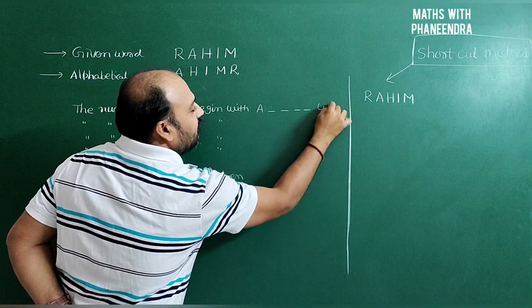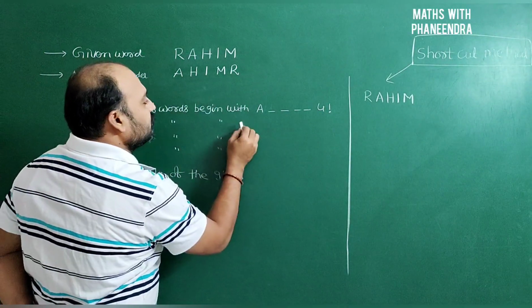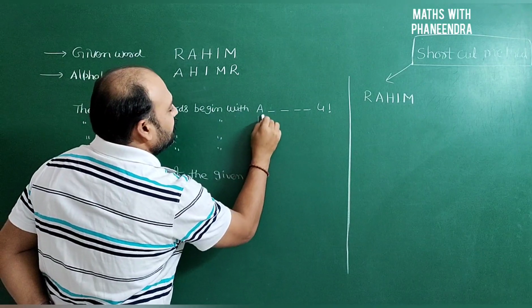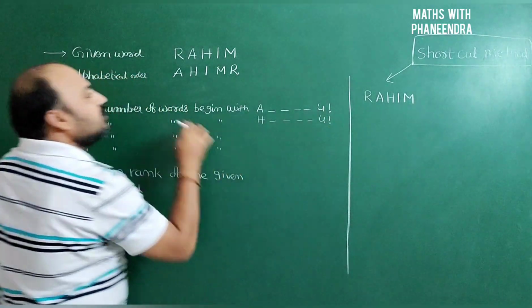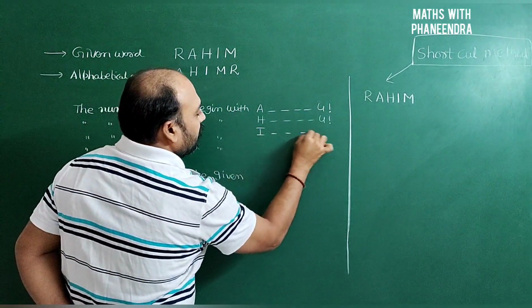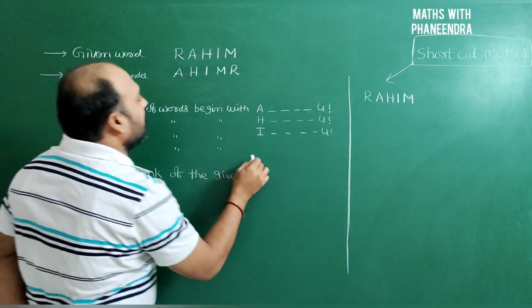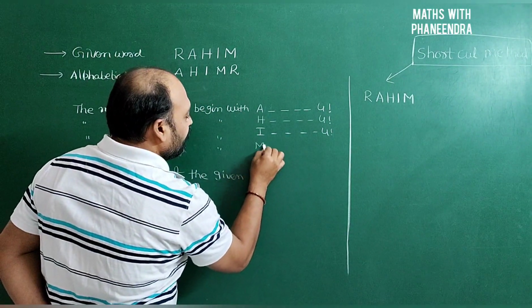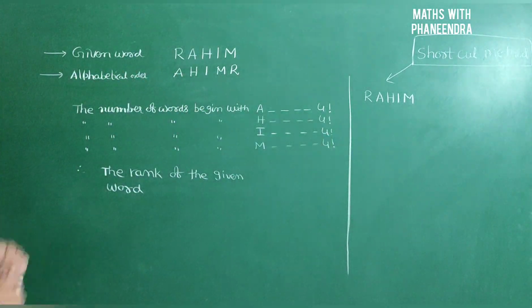So it can be done in 4 factorial ways. Next, the number of words which begin with H, 4 factorial. The number of words which begin with I, 4 factorial. The number of words which begin with M, 4 factorial. We can stop it now.